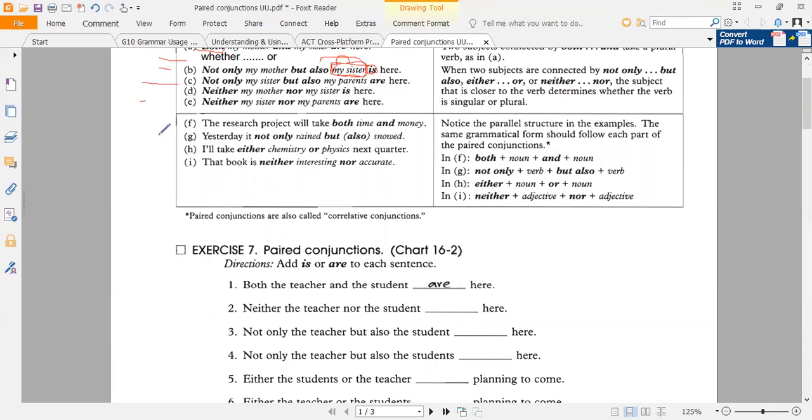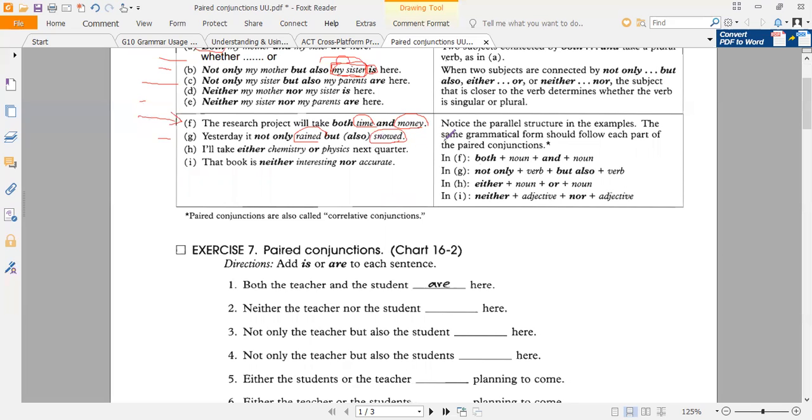So, for example, let's take a look at example F. The research project will take both time and money. So time is a noun and money is also a noun. Number G, yesterday it not only rained, so here we have a verb, but also snowed.